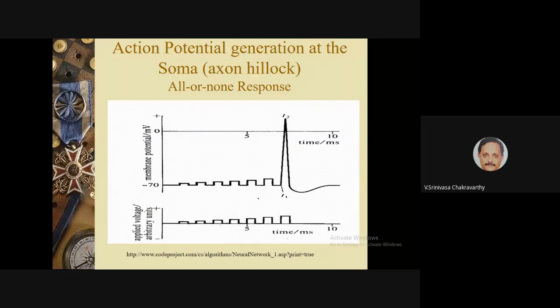But once the current pulse amplitude crosses a certain threshold, the voltage doesn't simply increase linearly, but shows an abnormal nonlinear response, where it produces a large positive excursion, goes to positive values, and also quickly comes back and goes to a value which is even less than the baseline value of -70, stays there for a little while before coming back to the baseline value of -70.